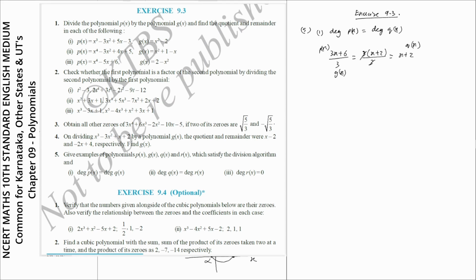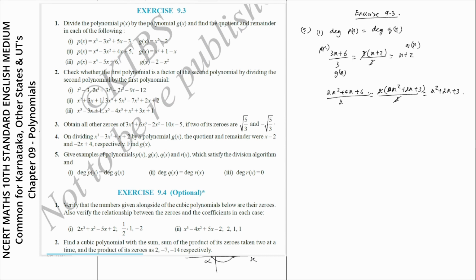Now I'll give another example. 2x square plus 4x plus 6 by 2. Now here if I take 2 as common in the numerator, 2 into x square plus 2x plus 3, 2 3s are 6. Okay, so this 2 will get cancelled. I'll be getting x square plus 2x plus 3.